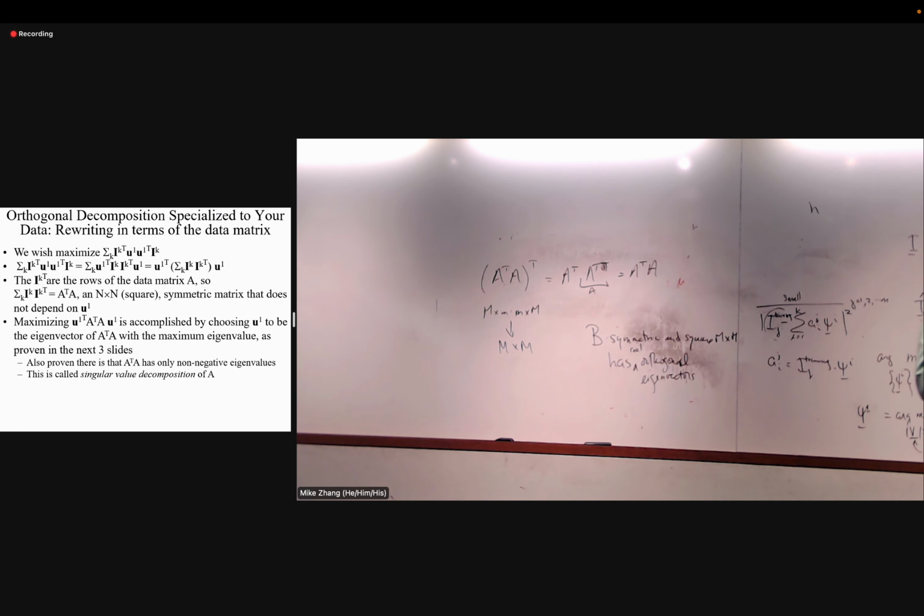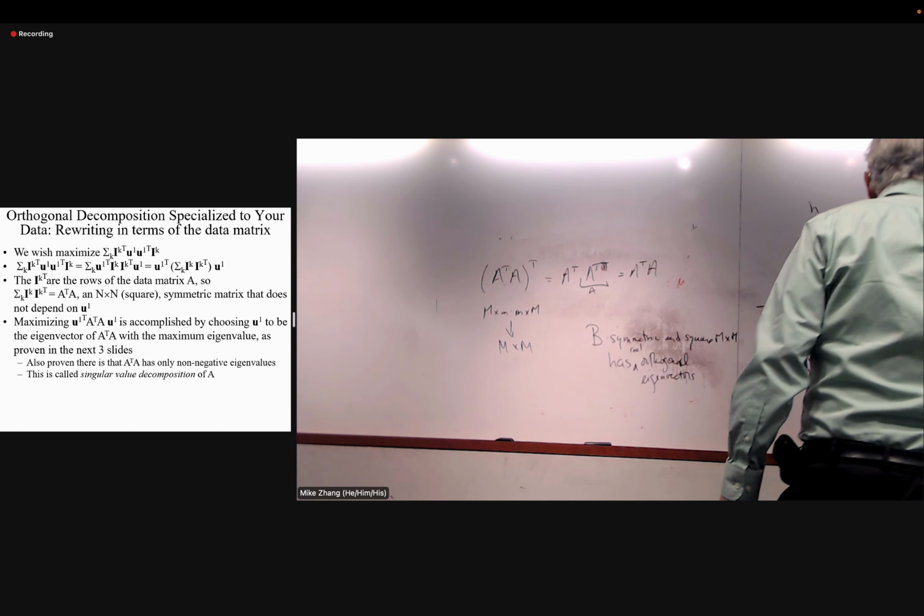Non-symmetric matrices can have complex eigenvectors. What we're also going to see in a minute is that the associated eigenvalues are all going to be non-negative. Therefore, the largest one is simply the one with the biggest magnitude: the eigenvector whose eigenvalue is the biggest.